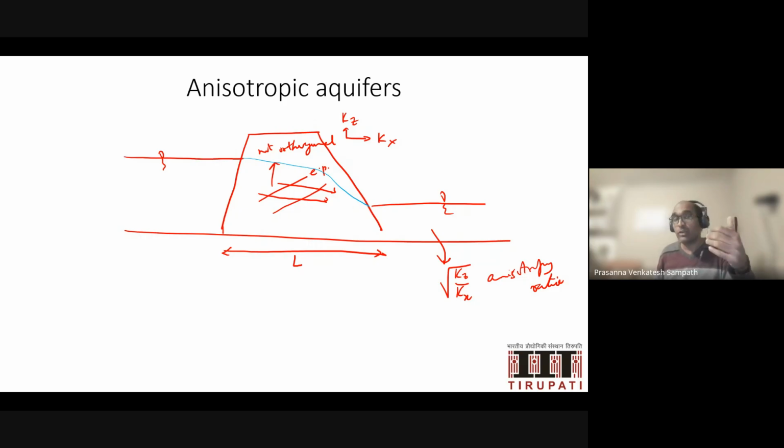Then you can again transform the system back to the anisotropic form, and then you'll be able to get the actual flow nets, right? So the analysis is much easier for an isotropic aquifer. So what is done is we take this anisotropic aquifer and transform it into a new system in which the hydraulic conductivity in both directions is equal. Okay, so I'll not get into the math of it.